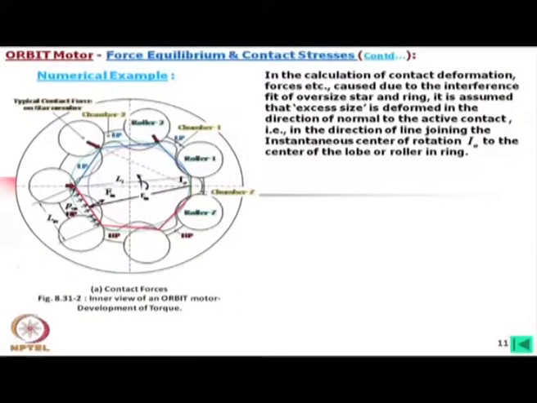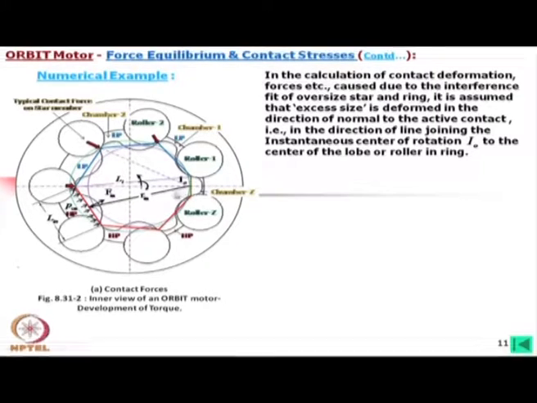That means, for such an interference fit, ultimately you will find this star will try to take a stable position. What is that stable position? You will find one of the chambers will be either at the outer dead center or bottom dead center. Here you can say this is at the outer dead center. So, this is one stable condition.